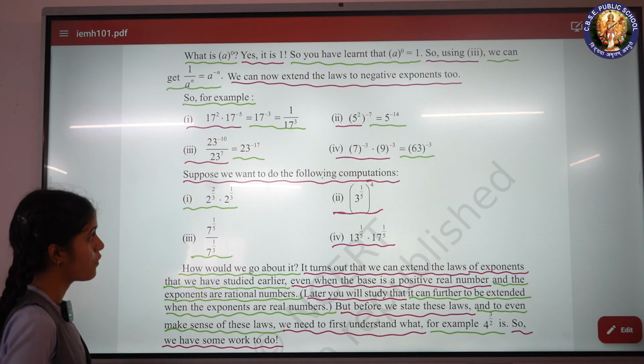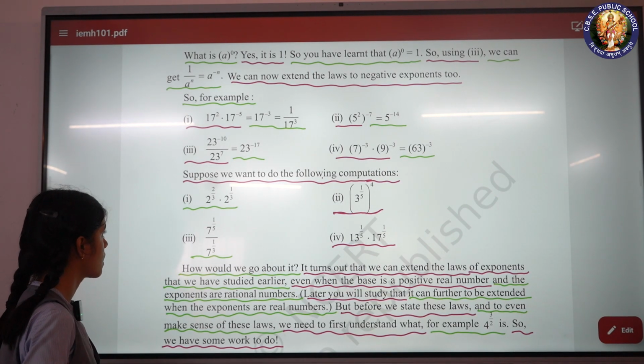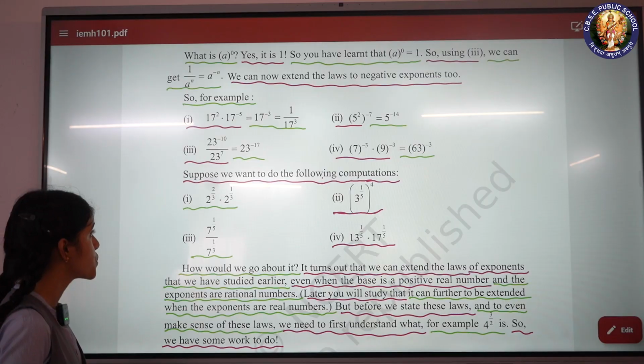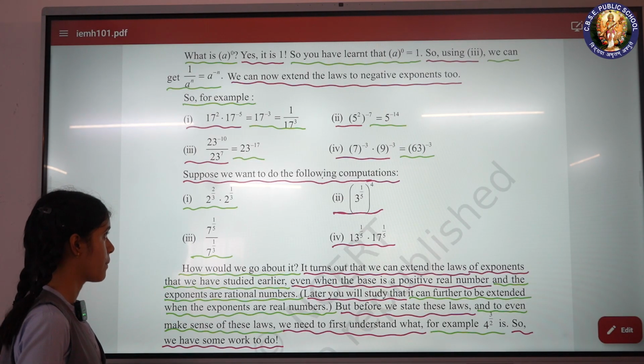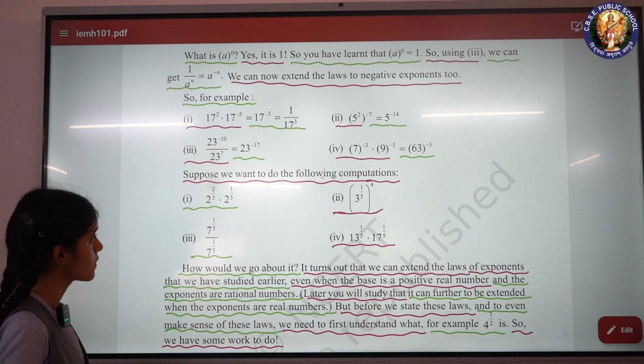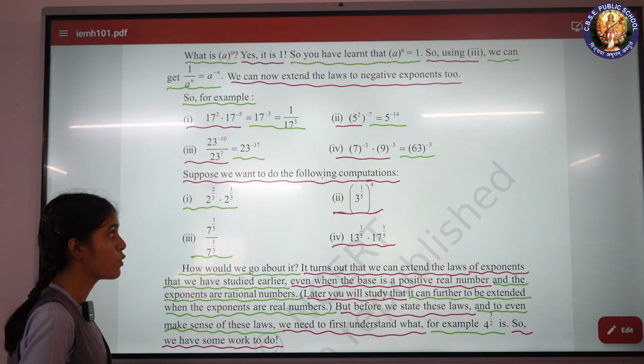Suppose we want to do the following computations. First, 2 to the power 2 by 3 into 2 to the power 1 by 3. Second, bracket 3 to the power 1 by 5, the whole power 4.